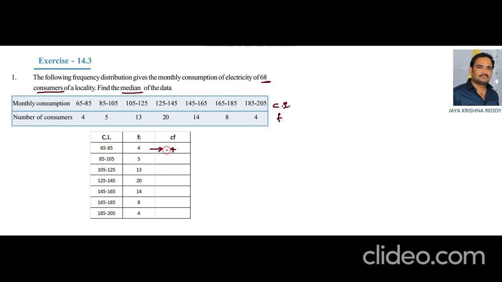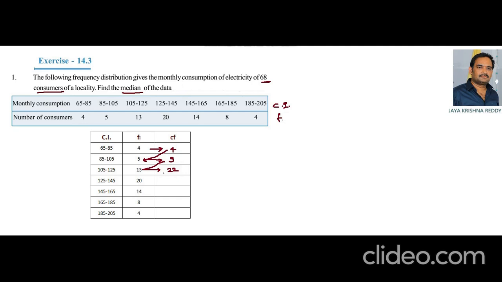The next CF value is this cumulative frequency plus the frequency of the next row, 4 plus 5, so it will be 9. In the next row, 9 plus 13, so the value will be 22.